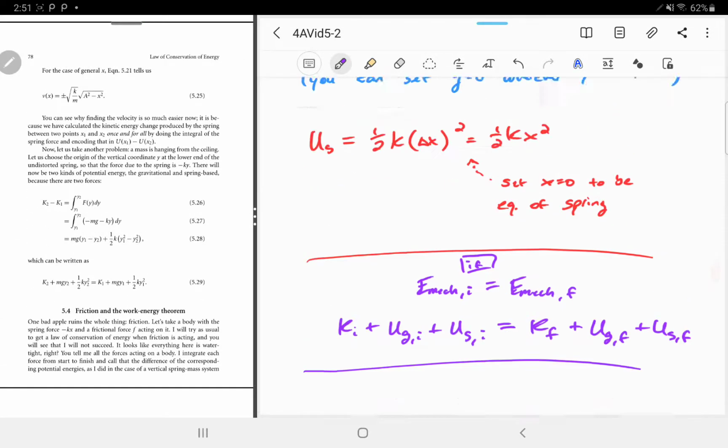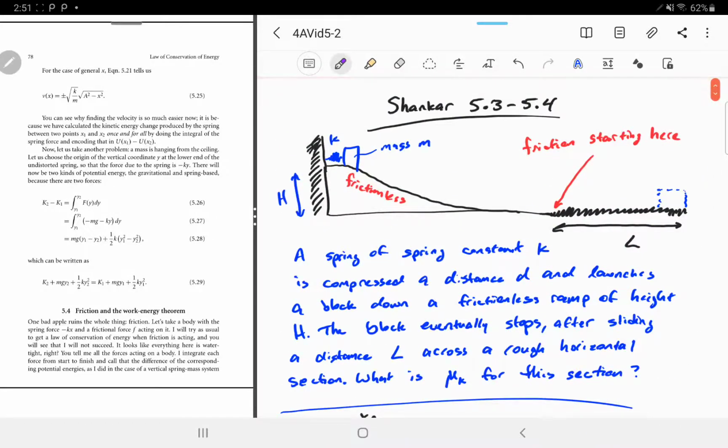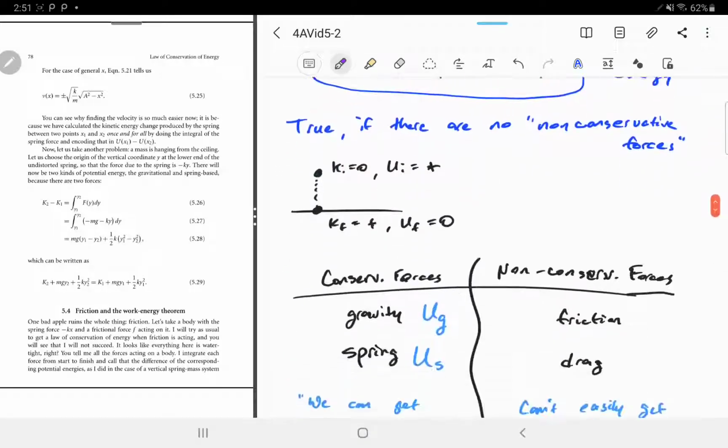Now, unfortunately, we're still not in a position to do this problem because there's friction here, and friction's a non-conservative force.